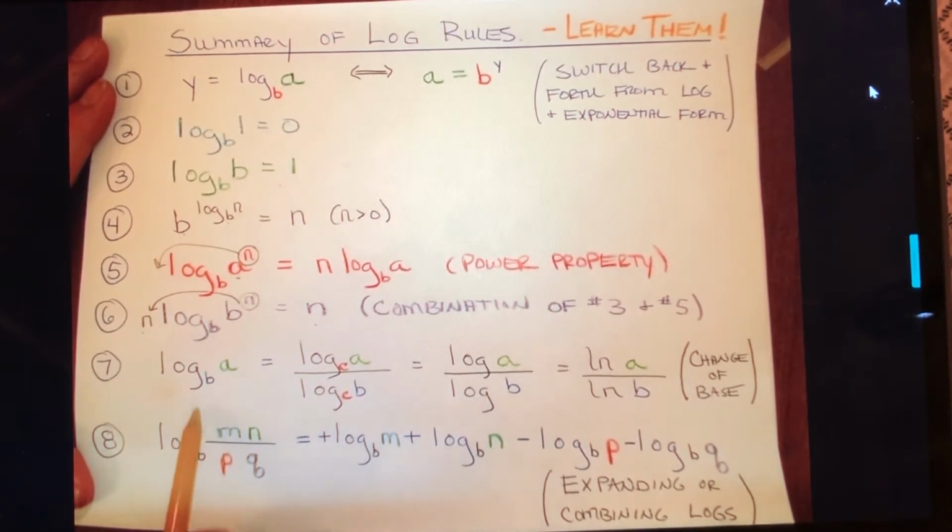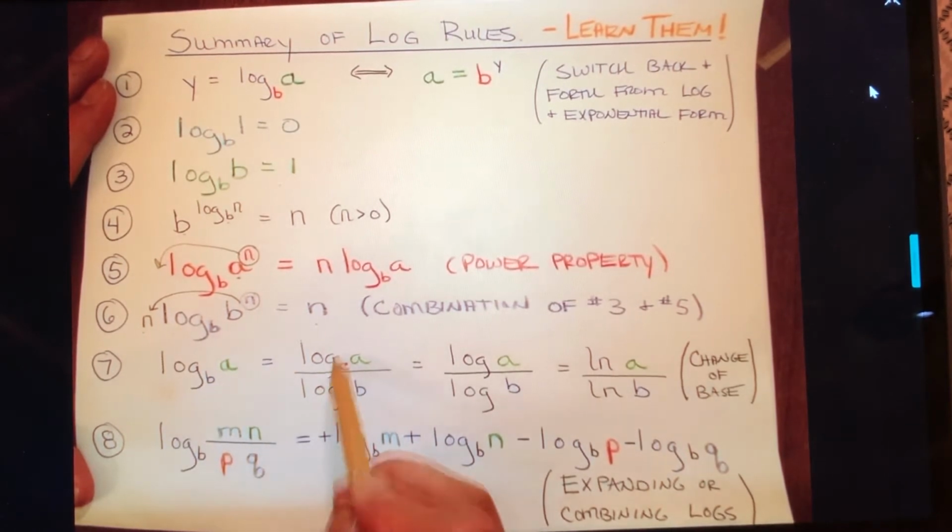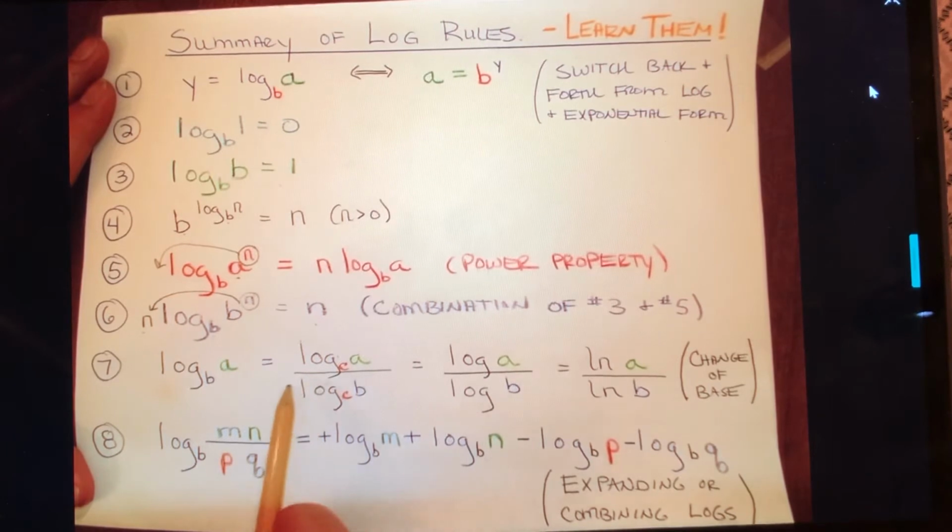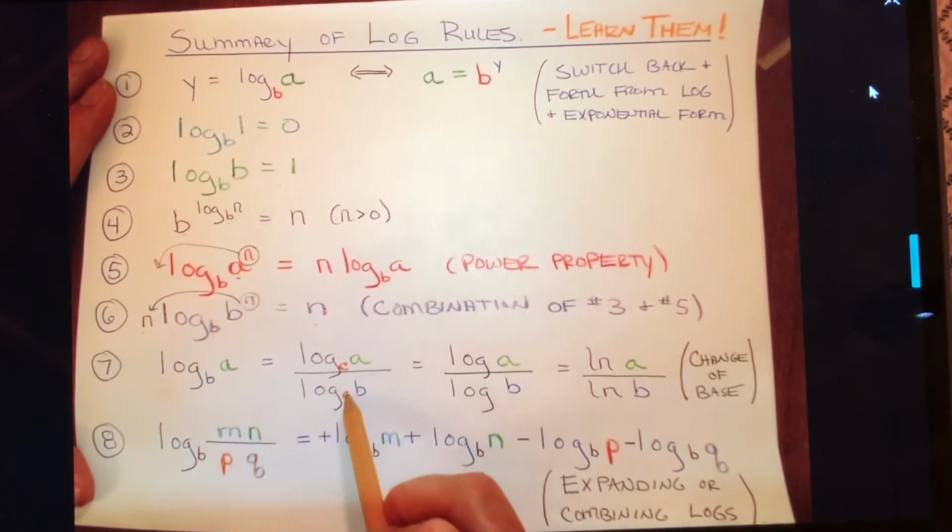Okay, these last 2 log rules, I'll introduce just briefly. This one is called change of base, because I'm going to do a separate video on this. But whatever your base is, you could choose to rewrite this using change of base as a log divided by a log. The key is when you do the log divided by the log, this base has to match. They could both be 2. They could both be 3.